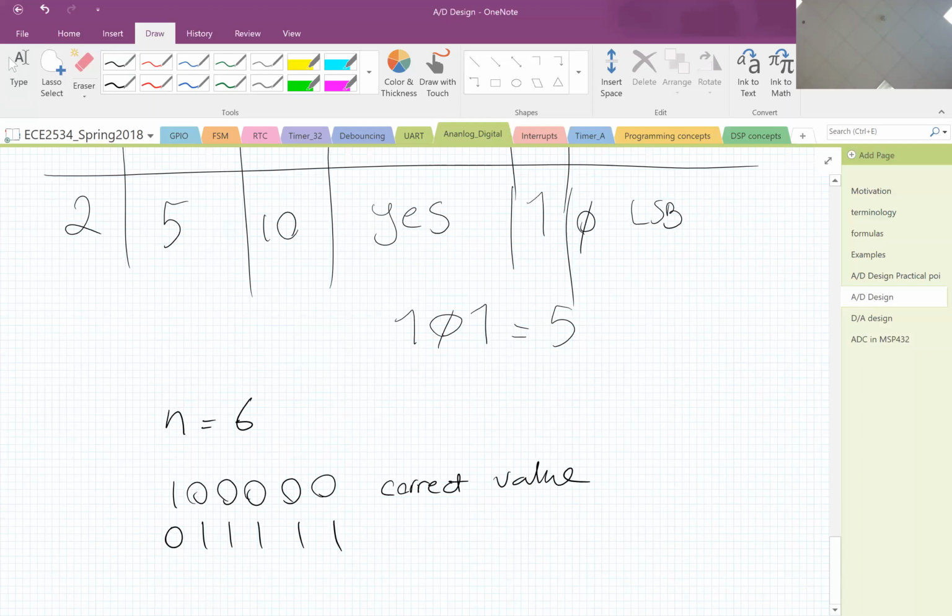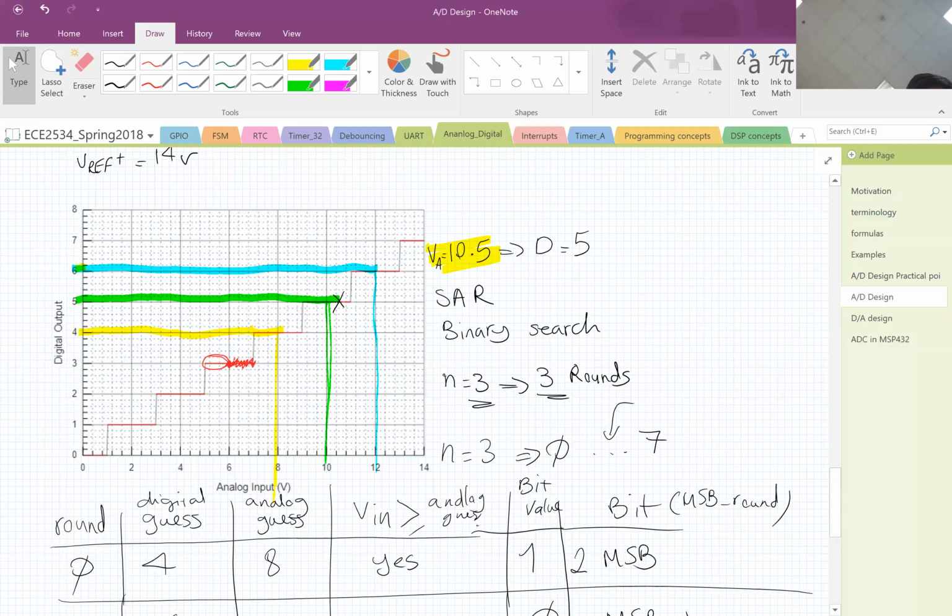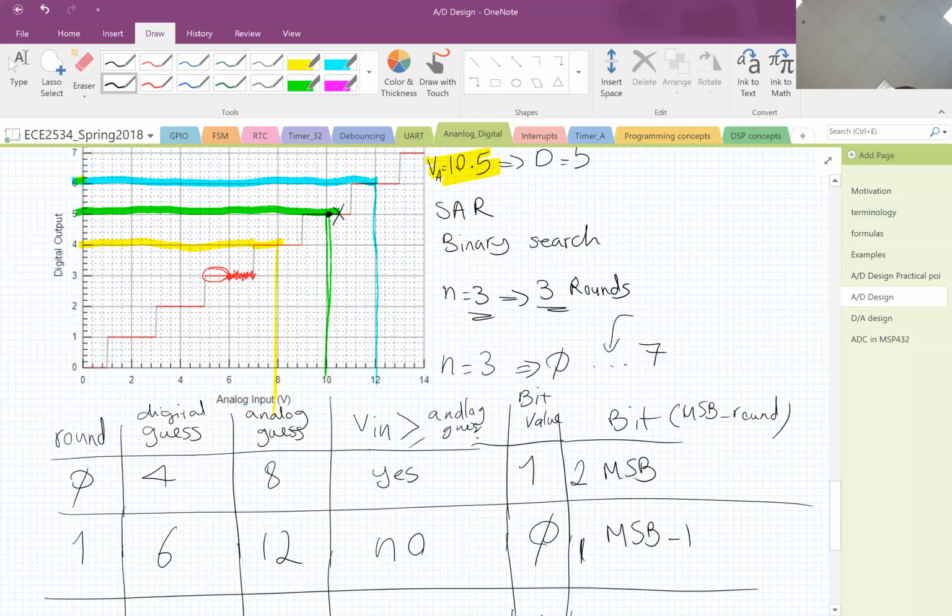Why does this happen? Because when we are making the comparison, we are making it with the analog guess that is right in the middle. For these that are on this side, they actually should have been considered a 1 for that answer, but they get a no for that answer. And that's why that happens. But you don't need to worry about it.